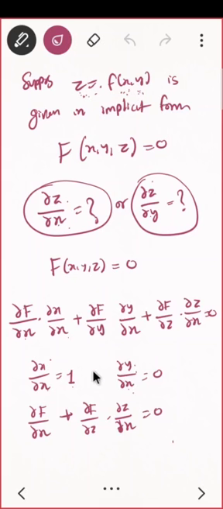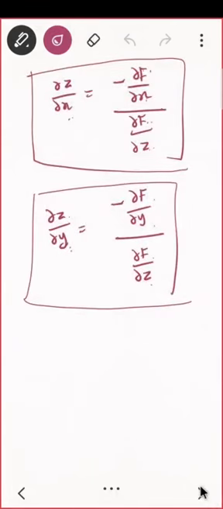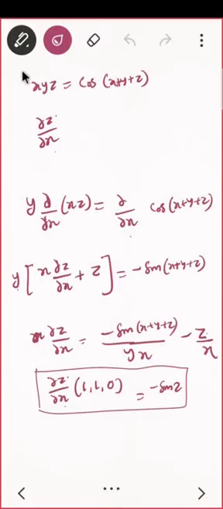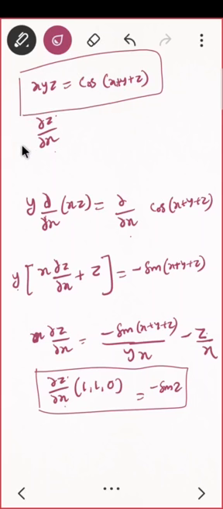This is using chain rule. No, yeah, it is valid everywhere.